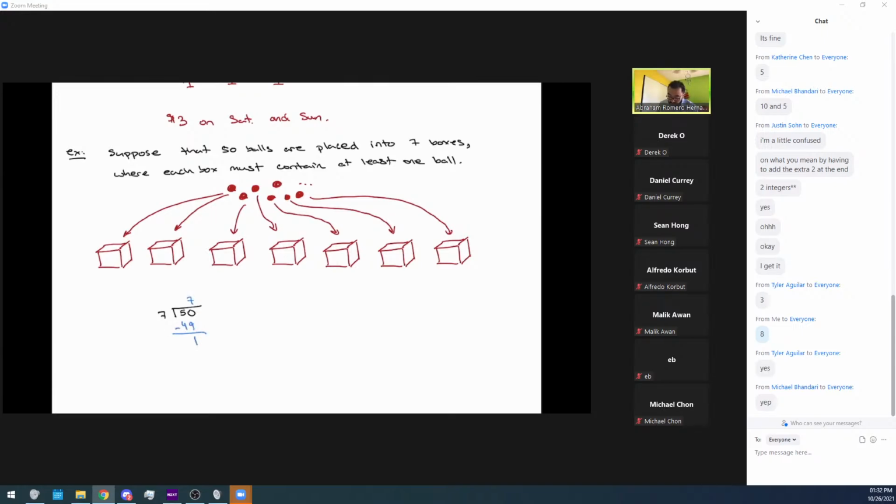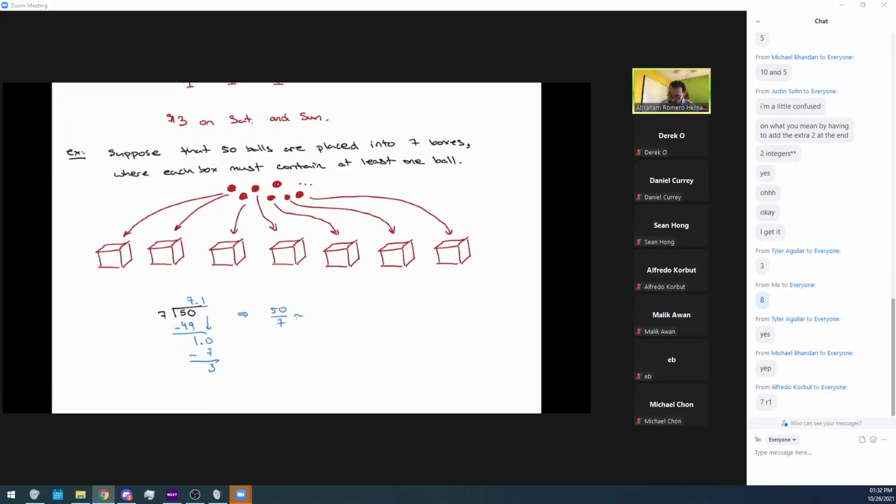And then we have a remainder of 1. If we add a decimal, this is 1, and then 7, 3, and so on. I don't care about the next part. In the end, 50 divided by 7 is approximately 7.1. However, I wanted an answer of 8.